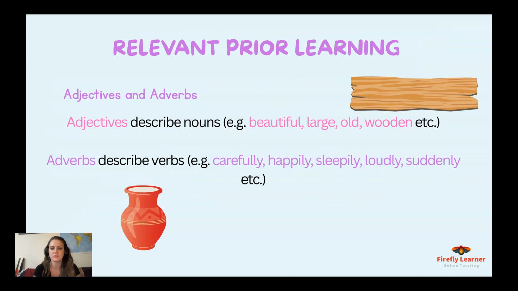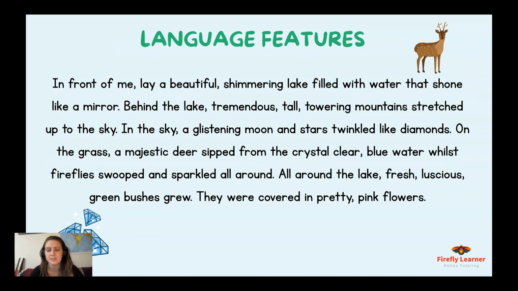Remember, adverbs often end in ly. So we've got words like carefully, happily, sleepily, loudly, suddenly, describing how the verbs occurred. So look through the setting description again. Can you pick out any adverbs? You can pause the video now whilst you try and find them.